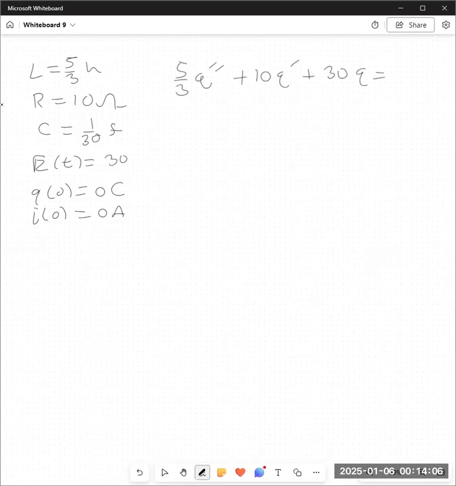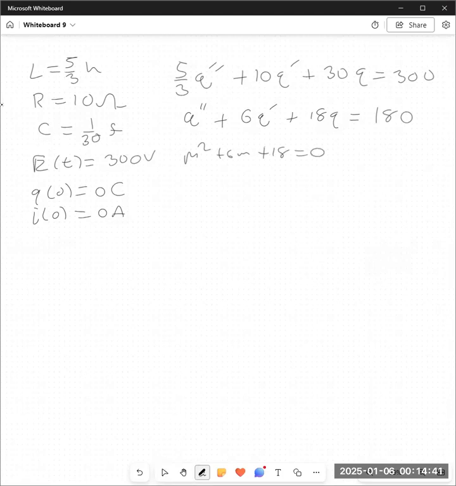Sorry, this is not 30, this is 300. And so that's going to become Q double prime plus 6Q prime plus 18Q is equal to 180. This is non-homogeneous this time. M squared plus 6m plus 18.